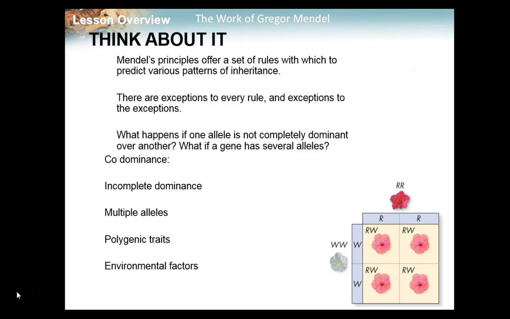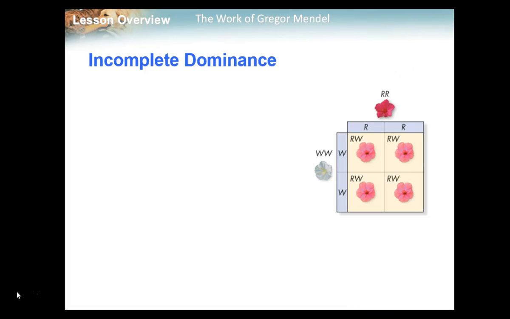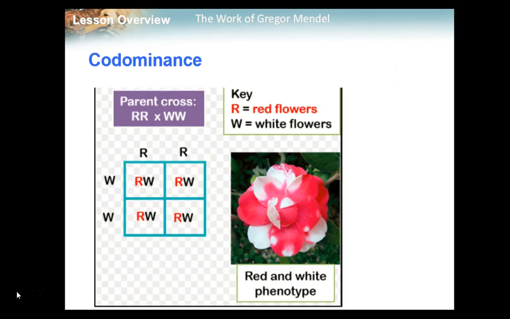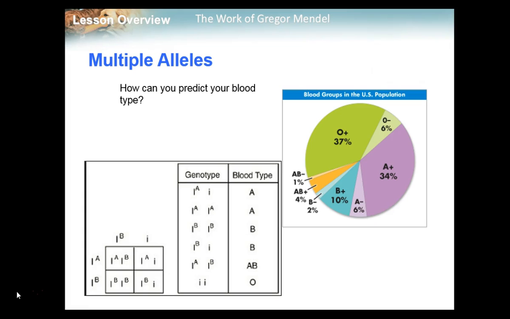We talked about this idea of incomplete dominance when you make a compromise, co-dominance when you get a party outcome, right? So you end up with this party-colored flower, and it shows both characteristics. We talked about how sometimes there can be multiple alleles for the same trait, like in blood typing or in eye color.